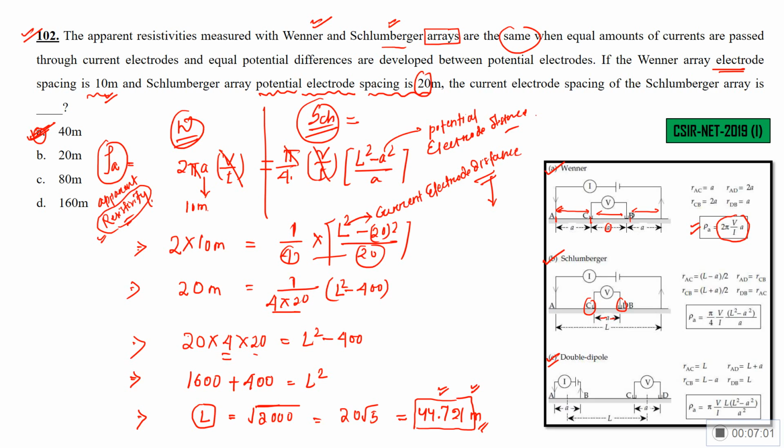Wenner and Schlumberger questions are asked many times. Dipole-dipole, pole-pole, pole-dipole combinations and square arrays are also used to determine apparent resistivity of the ground, but Wenner and Schlumberger are used more often.